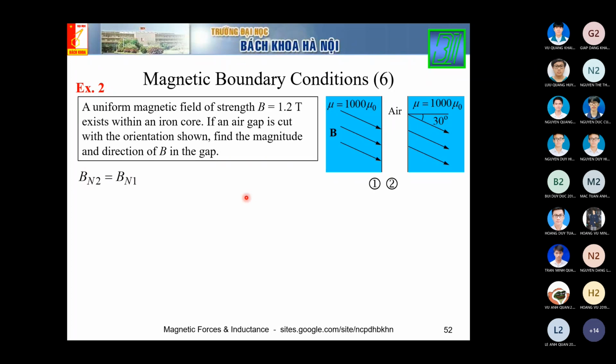So of course we once again have to find the normal components and the tangential one. This is the first boundary condition. And to find the normal component, we have to project the given field onto the normal unit vector, which is this. And to project this one onto this, you can, for example, multiply this vector to cosine of 30 degrees, like this.